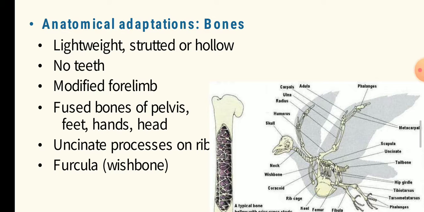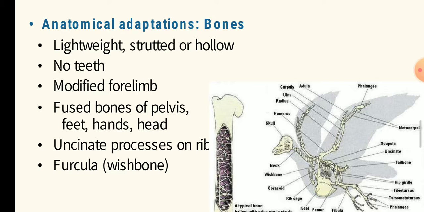The next modification that has taken place in the endoskeleton is the fusion of the pelvis, that is the forming of a synsacrum. Synsacrum is the fused mass of the last thoracic vertebra, lumbar vertebrae, sacral vertebrae, and a few anterior caudal vertebrae.